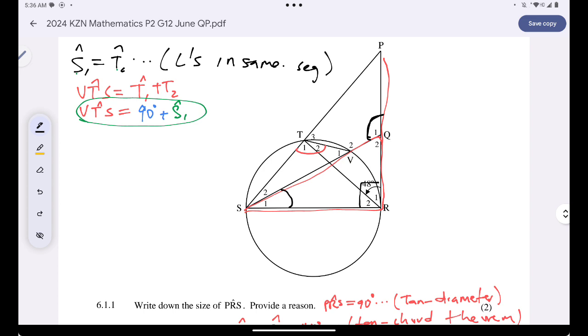So I'll simply say PQS, which is Q1, is equal to angle PRS plus angle S1, exterior angle of triangle. What's the name of the triangle? It's QSR, right?